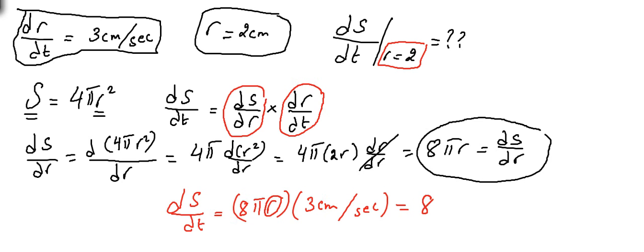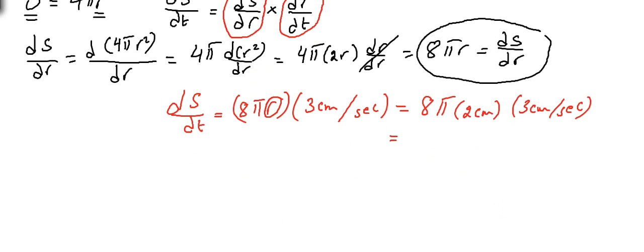So it's 8 times pi times 2 centimeters, times 3 centimeters per second, and we find the final answer: 2 times 3 is 6, 6 times 8 is 48 pi, centimeter times centimeter is centimeter squared per second.